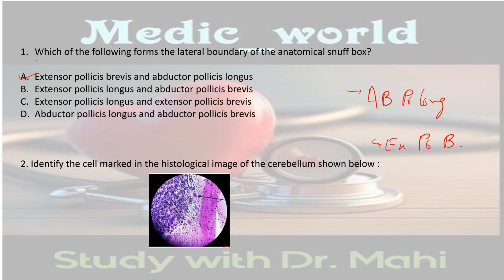Because Purkinje cells are flask-shaped cells and the cells are evenly spaced and arranged in a single layer, and the dendrites arise from the neck of each flask-shaped cell, which passes upwards to enter the molecular layer, which then branches extensively to form the dendritic tree. So the answer is option A, that is Purkinje cells.